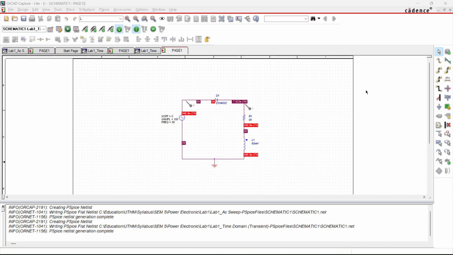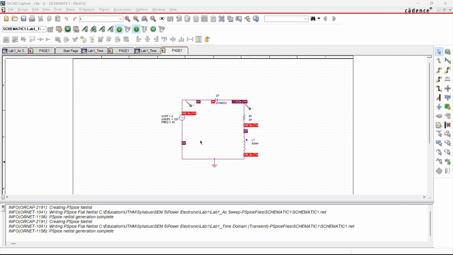This is our result with RL load. We get the voltage after the diode is negative 7.622 volt, and the current after R1 we get 846.9 ampere, and it is the same for the L1 load.